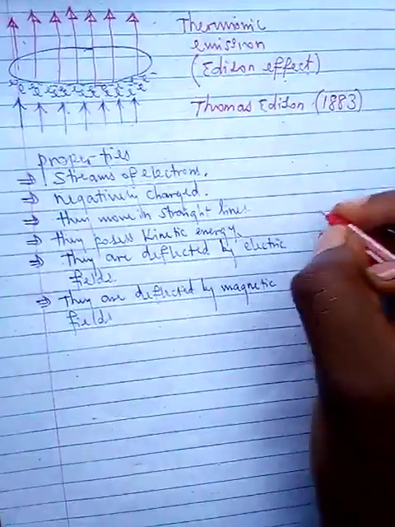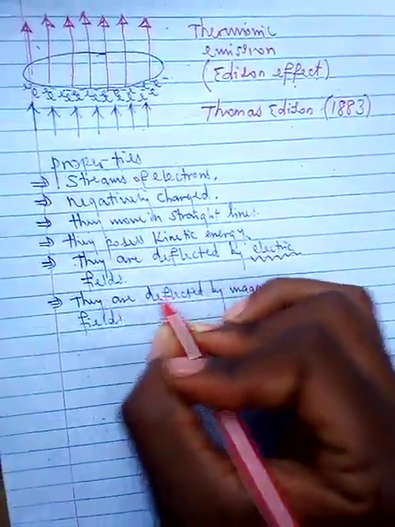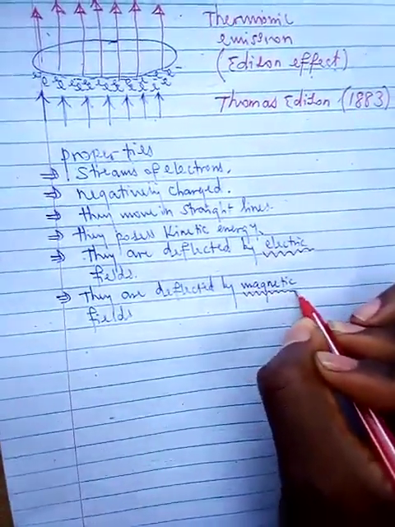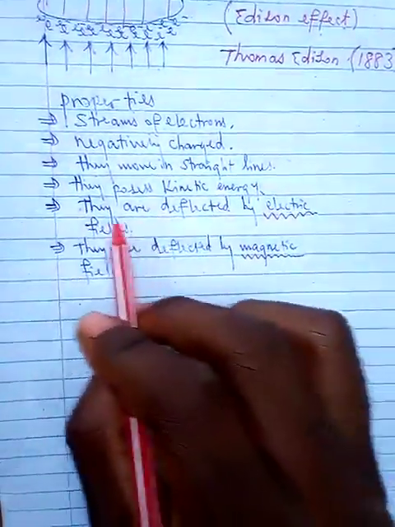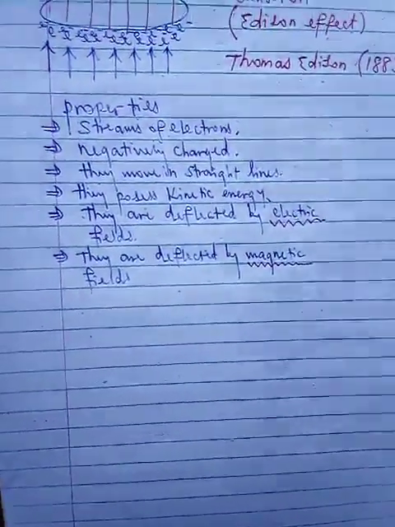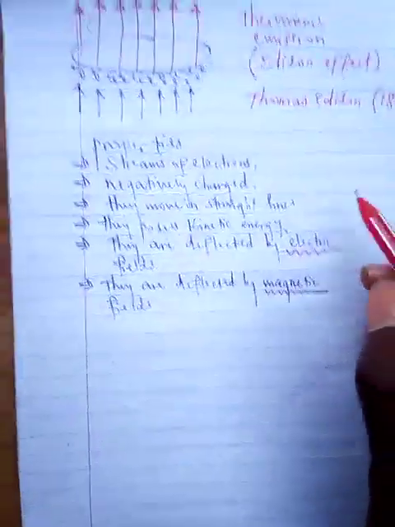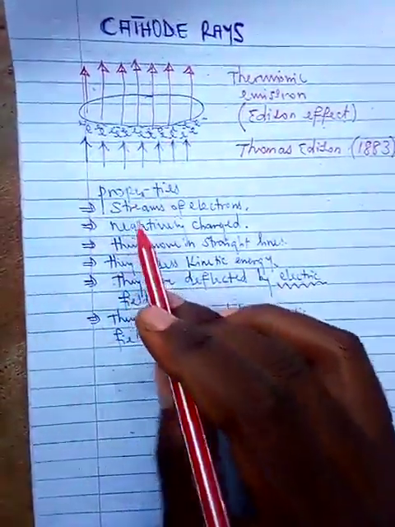Electric fields and magnetic fields are two different things. So they are deflected by electric fields and they are deflected by magnetic fields. So this is what we can say about cathode rays.